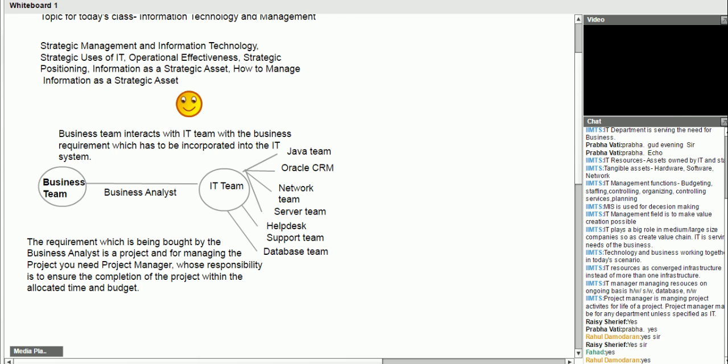So for the completion of the project you need a project manager, and the project manager has a team. The project manager's responsibility is to ensure the completion of the project on time.